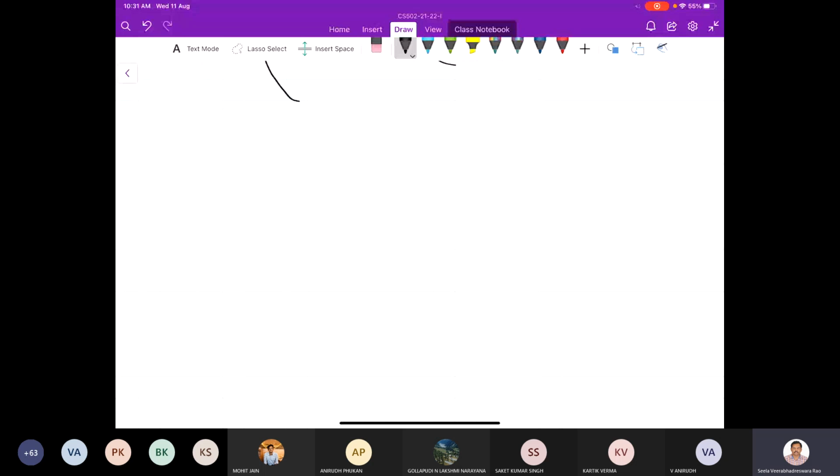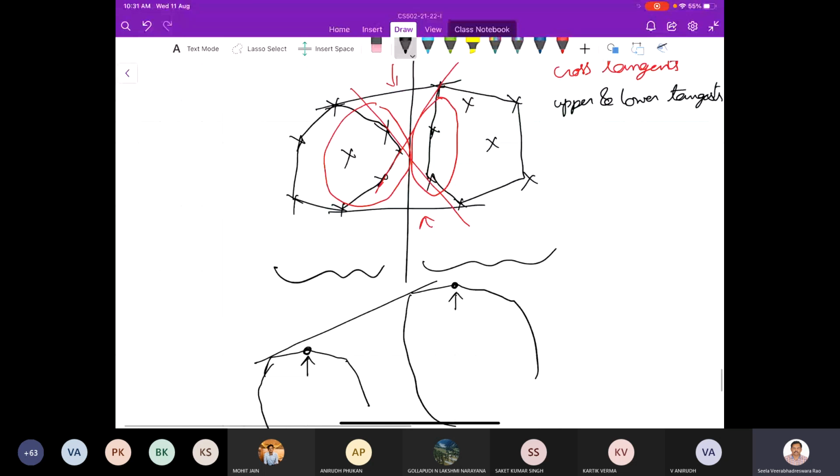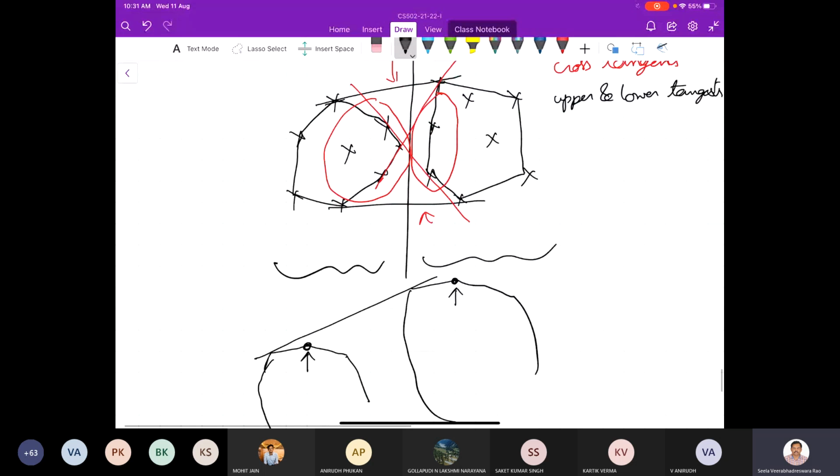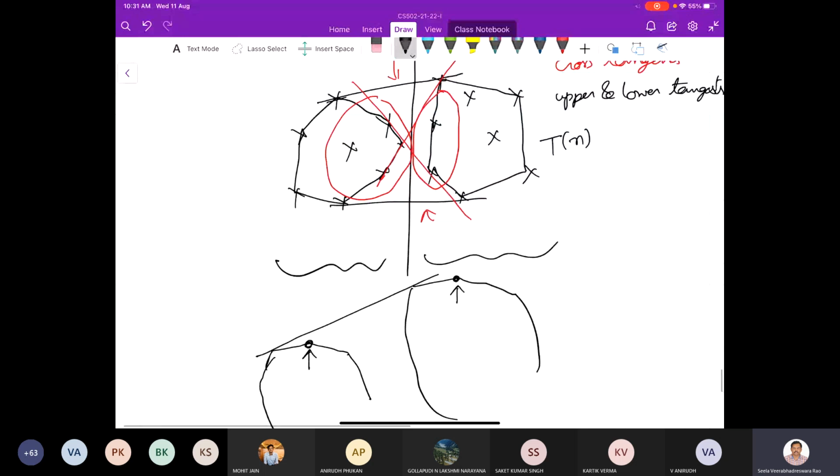Here, you have a problem of size n, and you're dividing it into two halves. Of course, initially we sorted these points. If you remove that part, after sorting, we are dividing into two subproblems, finding them independently, and merging them.